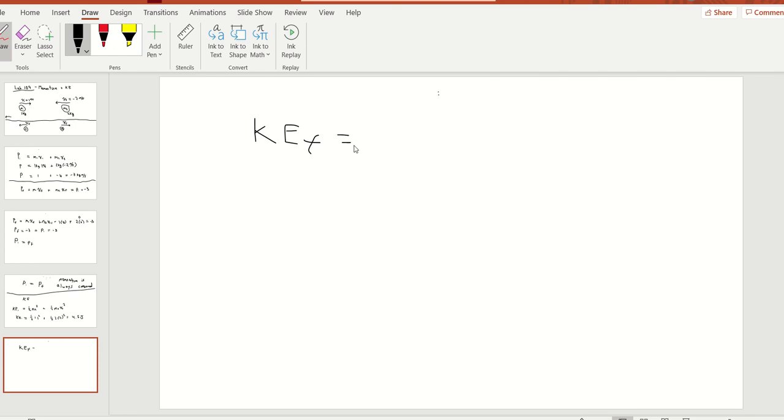That's going to be 1/2 times 1 kilogram times 3 meters per second squared plus 1/2 times 2 kilograms times 0 meters per second squared.